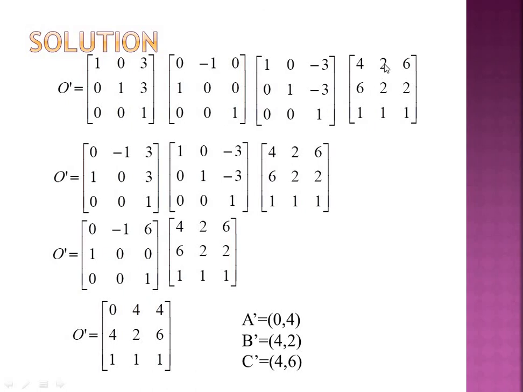In the same way, in the second column, there were the x and y coordinates of vertex B, the original being 2, 2, and the final is 4, 2. So B dash is equal to 4, 2. In the same way, in the third column, we have kept the coordinates of vertex C, 6, 2, and we got the final coordinates of vertex C dash, that is 4, 6. In this way, this is our final answer.